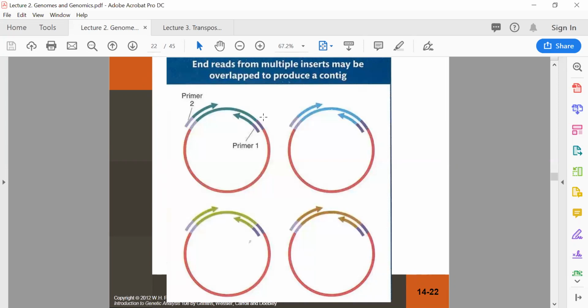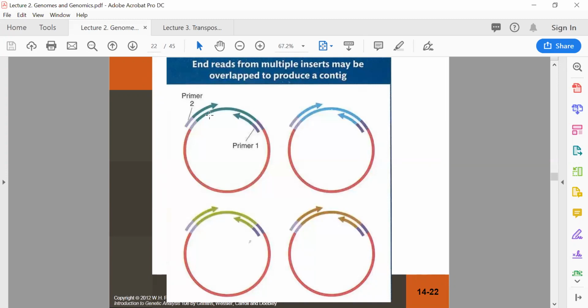All right, so the output from this is a very, very large collection of these random short sequences. And some of them will be overlapping. And those that are overlapping can be assembled into a consensus sequence that will cover the whole genome, or I should say most of the genome.